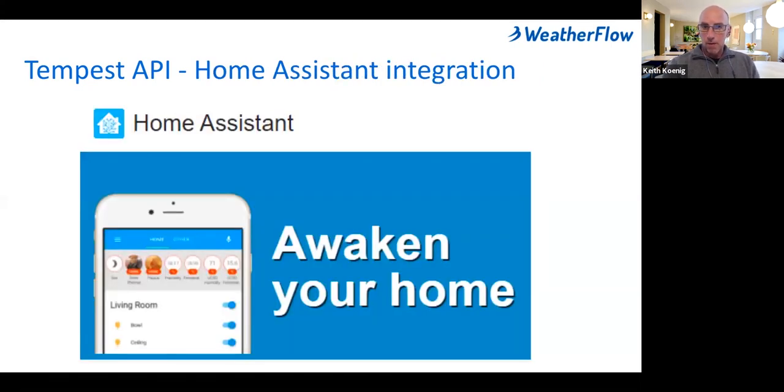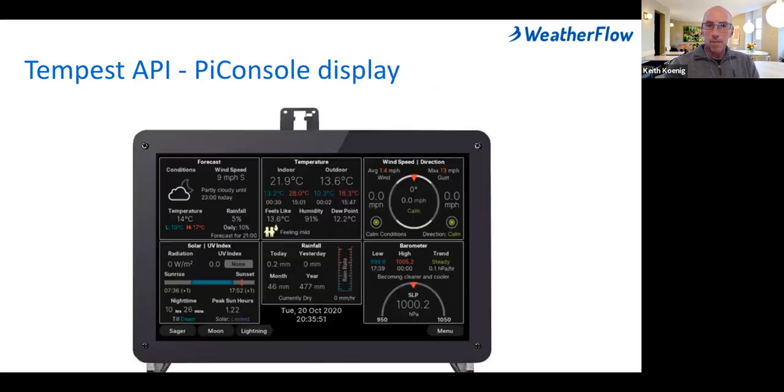There's a native Home Assistant integration. Home Assistant is one of a plethora of smart home platforms. There's already an integration built for Tempest, and you just put your WeatherFlow username and password in there, and boom, all of the data can be used in the Home Assistant environment.